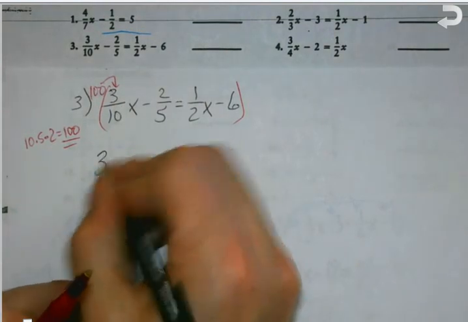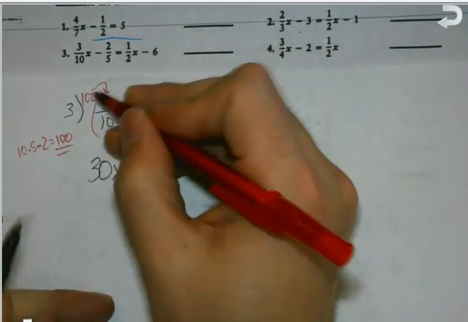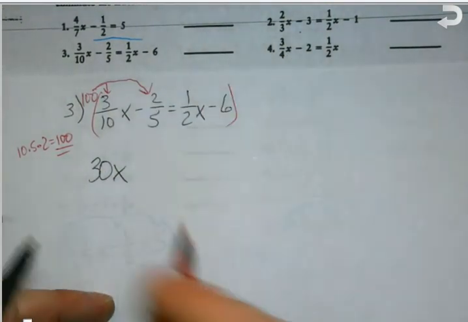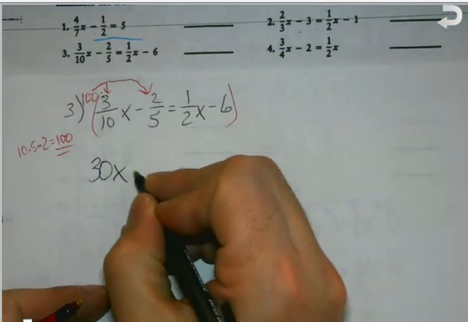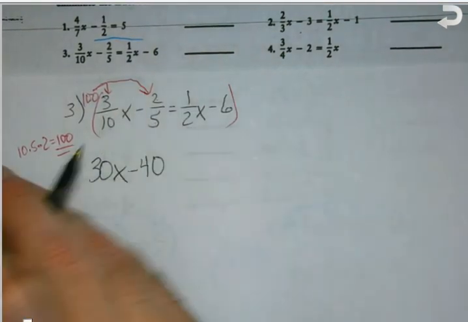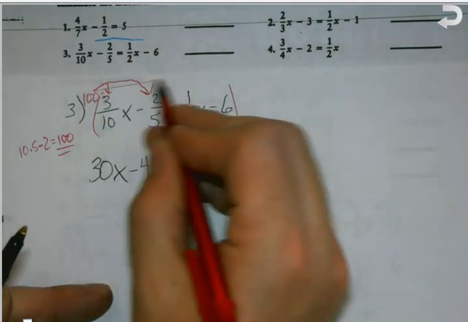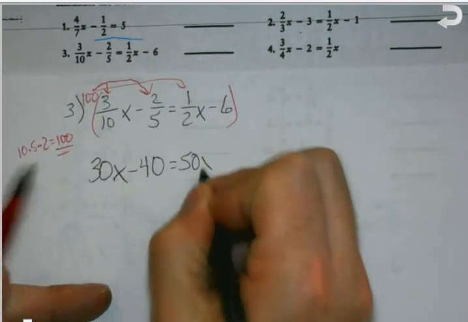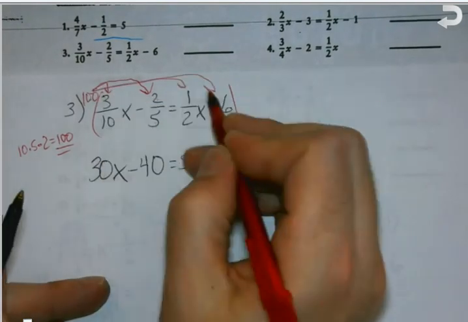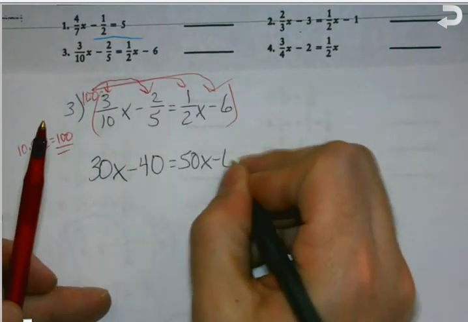Divided by 2 is 30. And again, using the calculator is no big thing on this. So 200 divided by 5 is 40. Multiply by the top, divide by the bottom. 100 divided by 2 is 50. 6 times 100, I agree, is 600. Don't forget the minus, though.